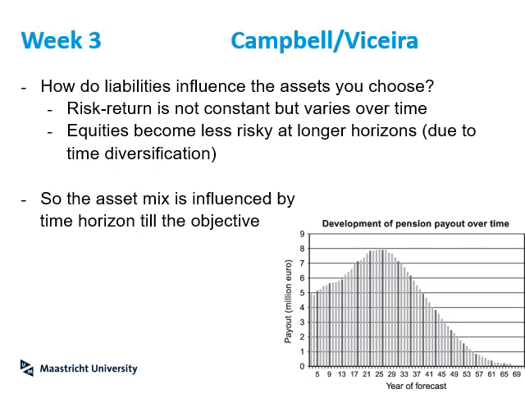Why? Because this investor has less of a horizon going forward and therefore cannot bear the short-term high volatility of equities. So this is an example of how the structure of the liabilities going forward into the future, how the horizon influences the asset mix. And that's the major insight of the article by Campbell and Viceira.